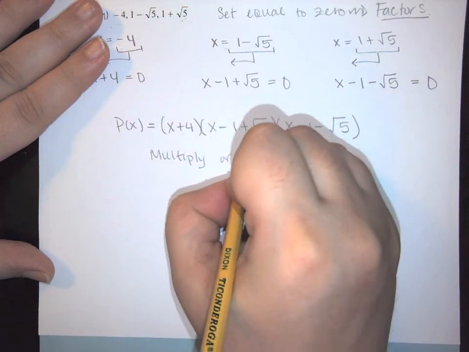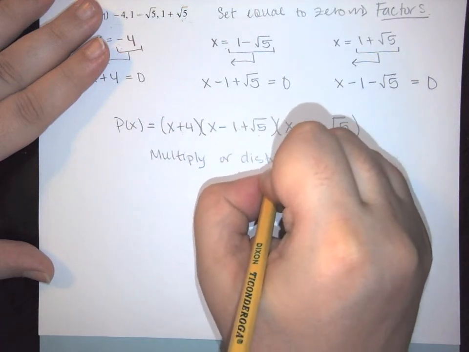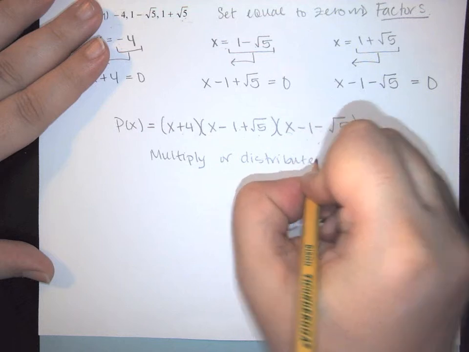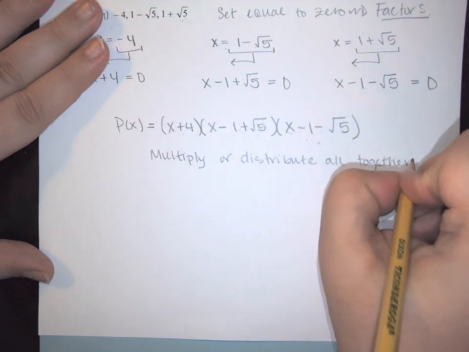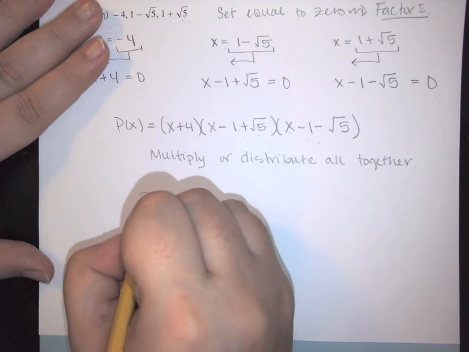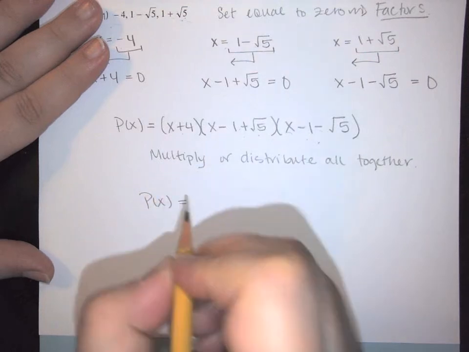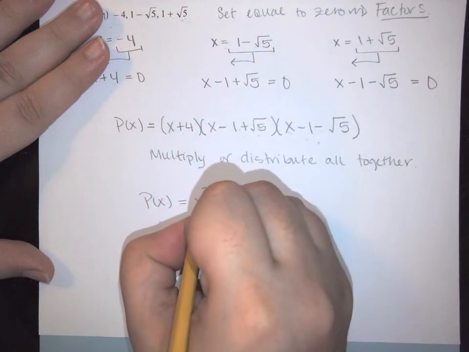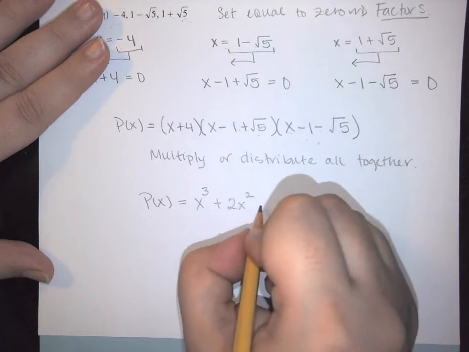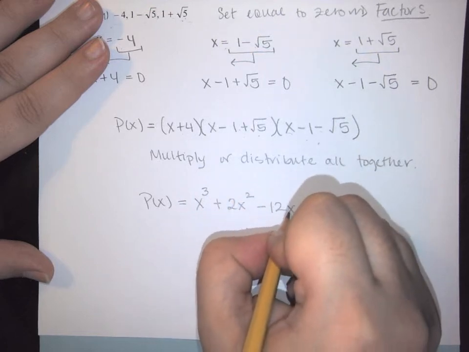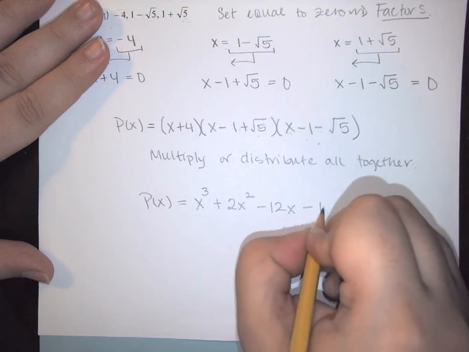Essentially, what you are doing is you are going to multiply or distribute all together. When you are done, you should end up with x cubed plus 2x squared minus 12x minus 16.